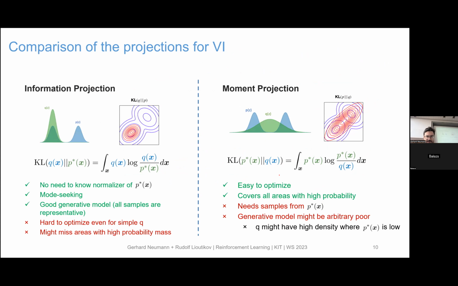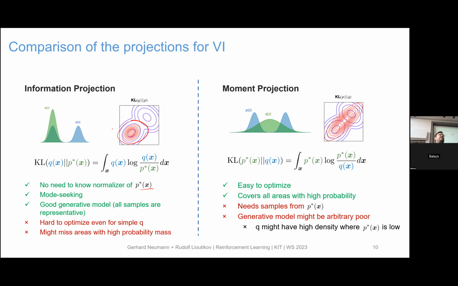Then here maybe just again to see the properties of both projections, so the information projection on the left and the moment projection on the right. And as a summary, the information projection has the advantage that we don't need to know the normalizer of P star. It's mode seeking, so we only focus on one mode.